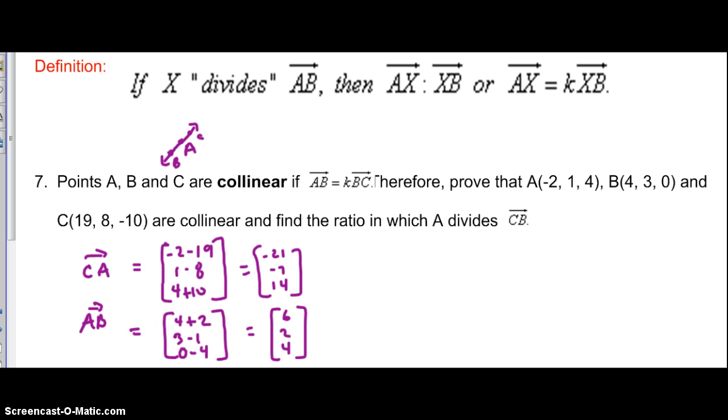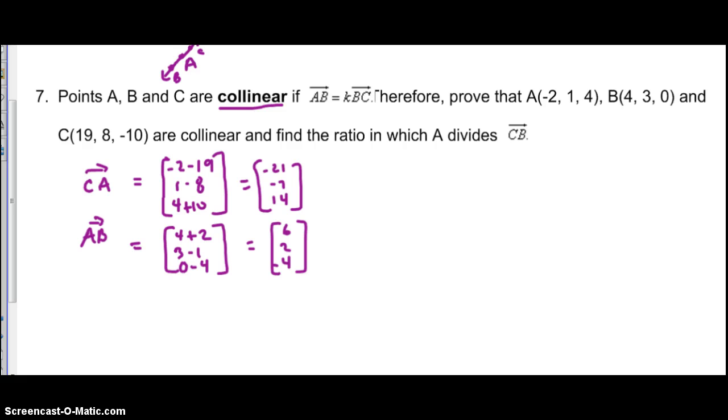Okay, so if you found vector CA to be -21, -7, and 14, and AB to be 6, 2, and -4, you're on the right track. Now we're trying to prove that these vectors are parallel. So if you look at the vector components and think of how we could simplify them, the first thing that comes to mind for me for CA is that there's a factor of 7 in each value.